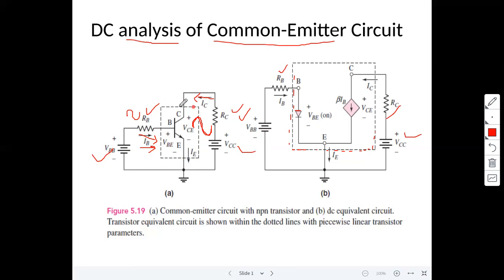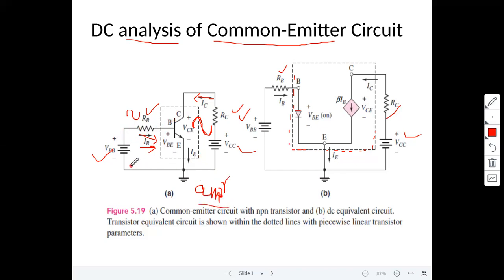The transistor in this circuit is functioning as an amplifier circuit. We have not applied any AC signal here so far, but the DC configuration is an amplifier configuration.